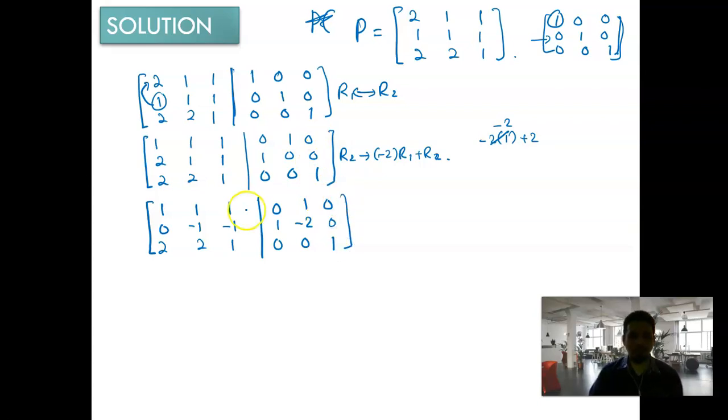Okay, next, we're going to turn this into 0 here. We will make the operation between these two with the 1 from row number 1. So the new R3 equal to negative 2 R1 plus R3.